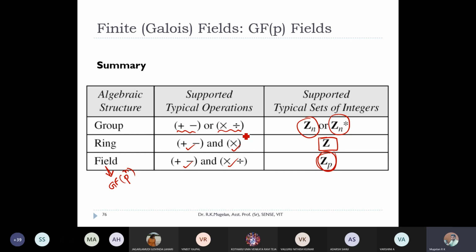Here they didn't mention division, which stands for the multiplicative inverse. Why they didn't mention it for a ring: if you're using the set of integers, not all elements have a multiplicative inverse, right? So this is a nutshell, a summary of how group, ring, and field and their respective supported operations and supported sets of integers work.